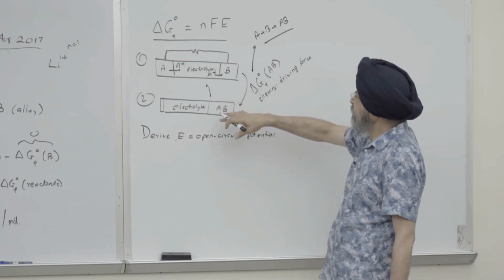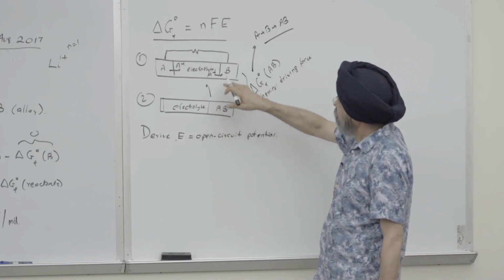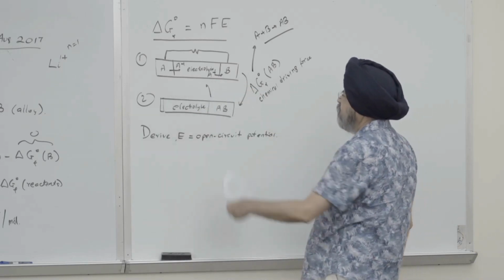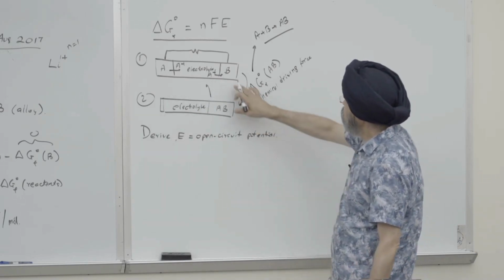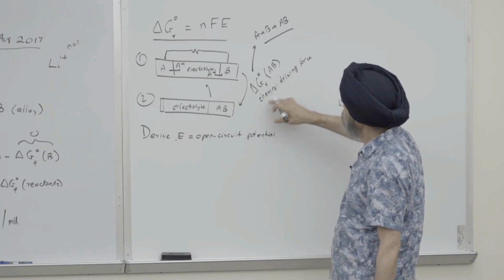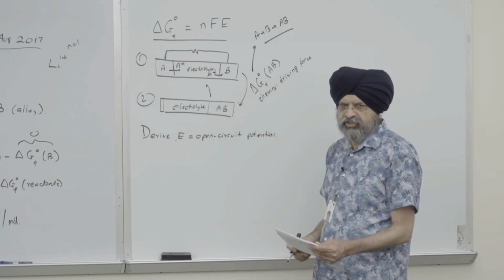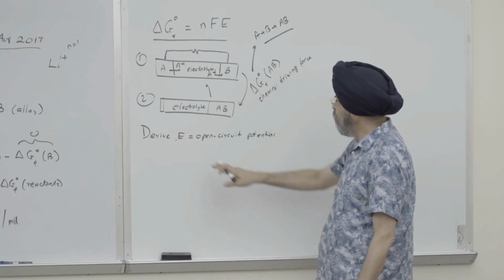But now we get the same effect when we do this reaction in an electrochemical cell. So we went from 1 to 2 by chemistry. Now let's go from 2 to 1 by applying potential, and the potential we'll apply is E.